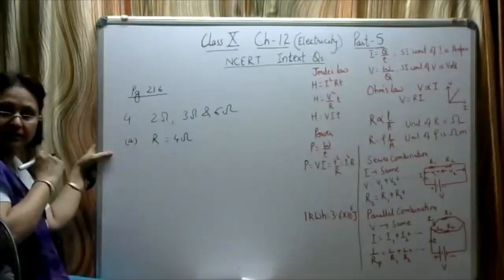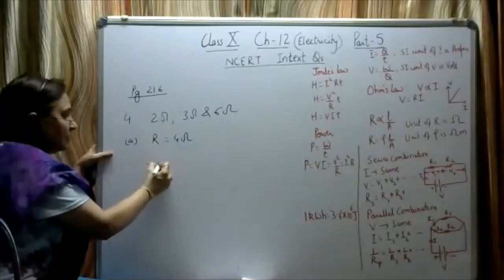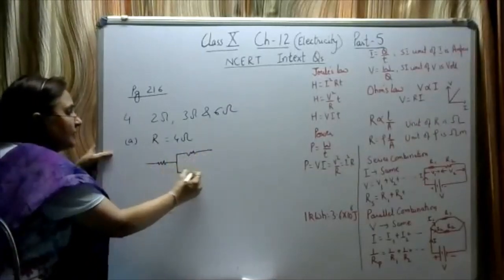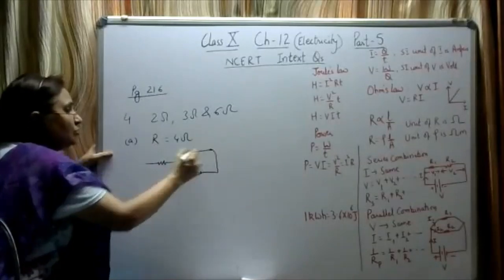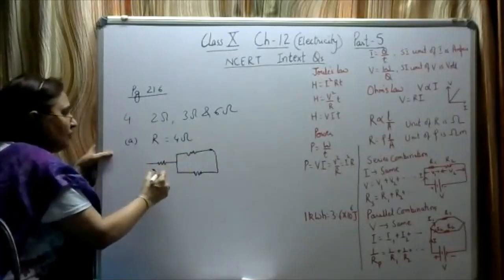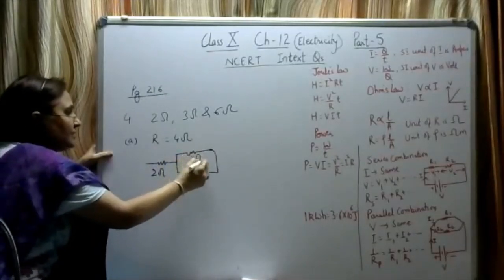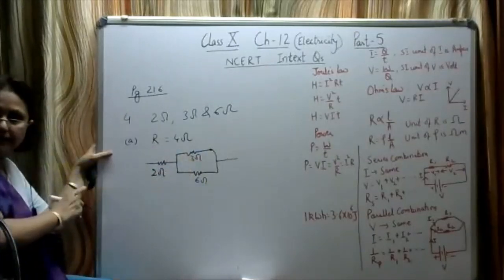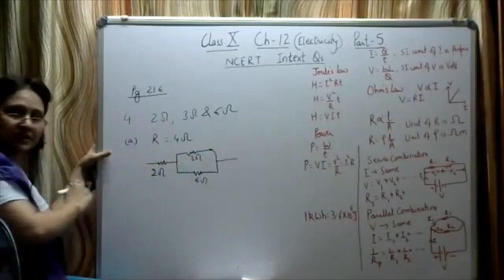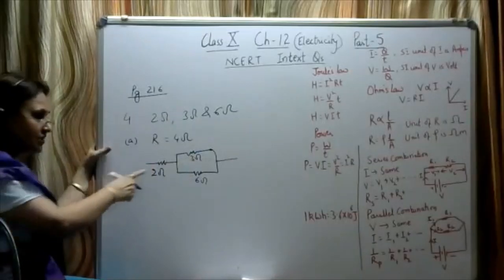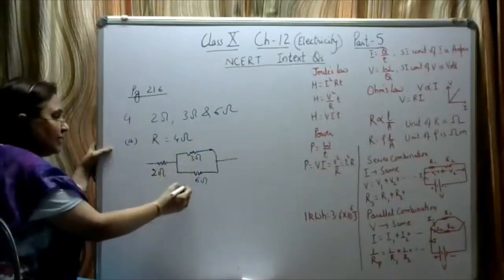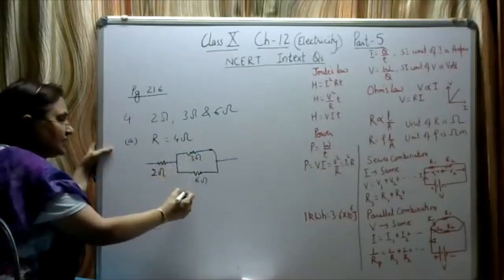How are they connected? Okay, let the 2 ohm be connected in series to the parallel combination of 3 ohm and 6 ohm. Okay, 3 and 6 are connected in parallel, and its equivalent is connected in series to the 2 ohm resistance. Let's find out the equivalent. You will get it to be 4 ohms. Let the equivalent of 3 and 6 be R dash.